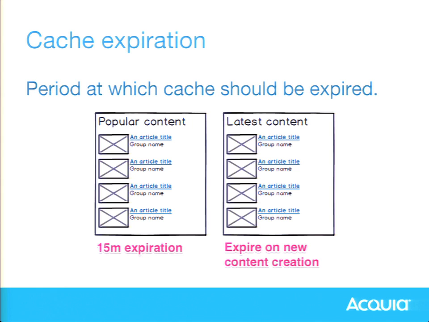So in the popular content block, we want to rebuild that block every 15 minutes. But in the block that's about latest content, we want it to be updated every time a new post is added. So the expiration isn't just about time, and it's not just about action. It can be either one.